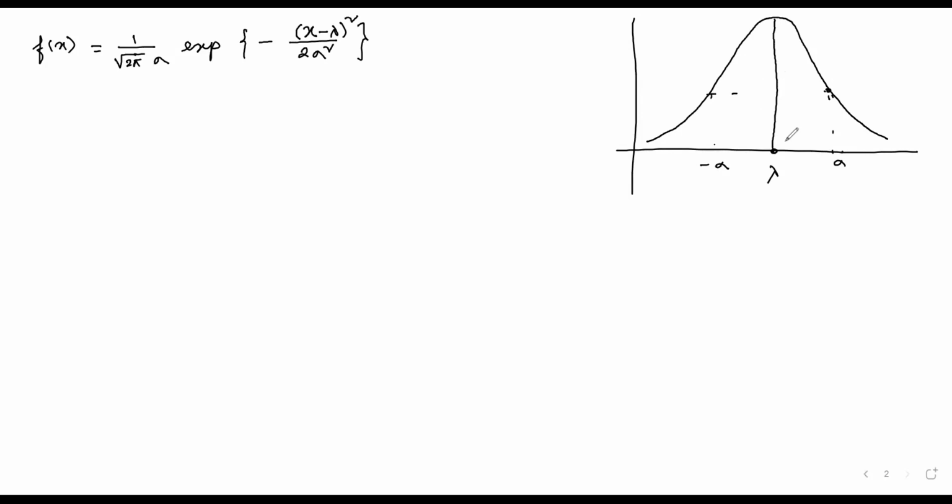So this is a normal distribution. Here lambda is the mean, and sigma is the standard deviation. This sigma is also called the natural width of the Gaussian function, and it can be taken as the standard error of measurement.